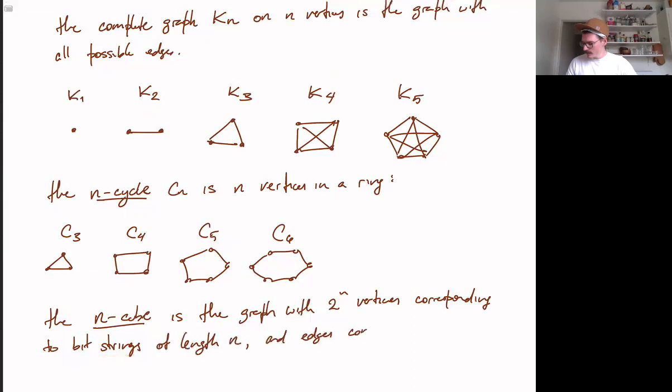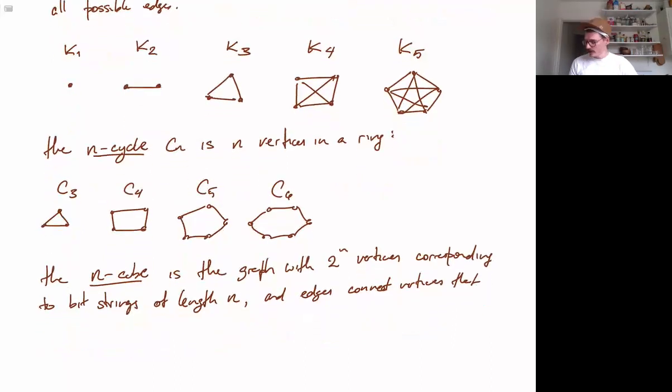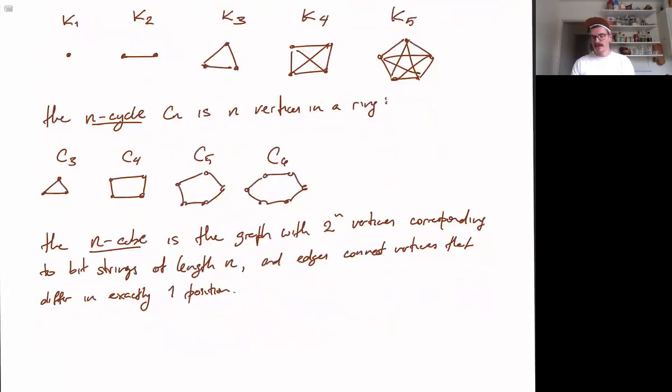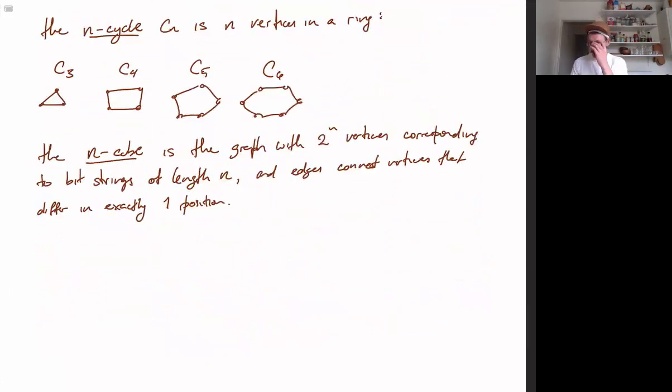And edges are drawn to connect vertices that differ in exactly one position, which is to say that their bit strings are the same except for exactly one spot.